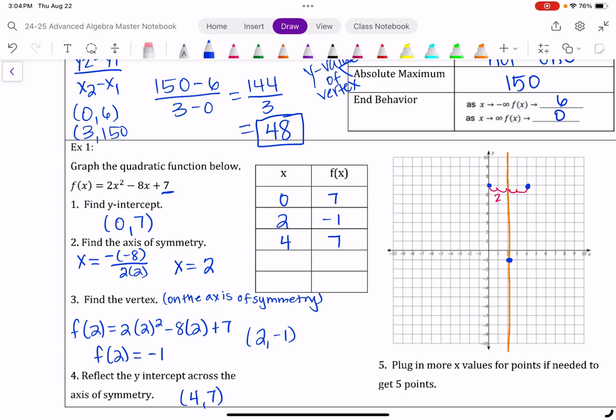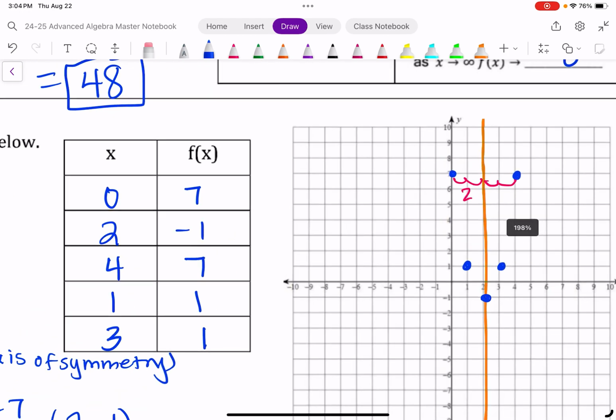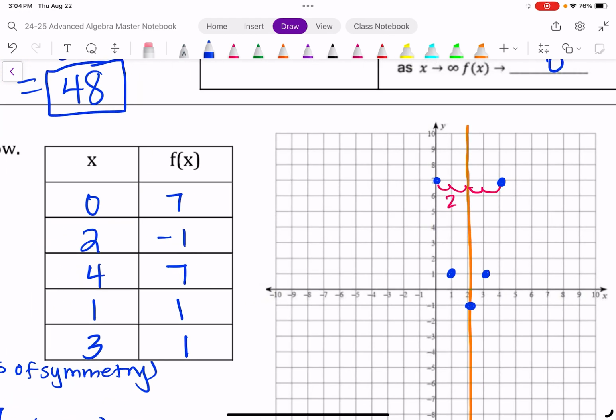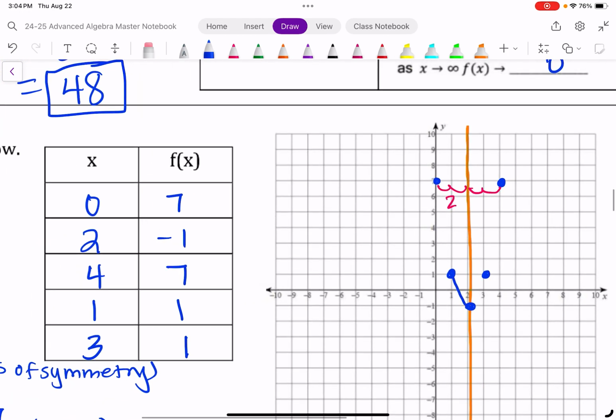Now, I need to look at points that are between 0 and 4. So I'm looking for 1 and I'm looking for 3. 1 is 1 and 3 is 1. So I go plot the points 1, 1 and 3, 1. I now have 5 points, so I can draw my parabola.